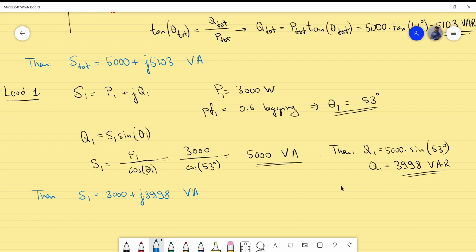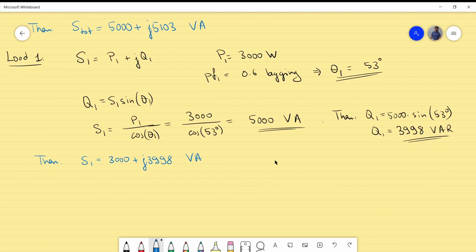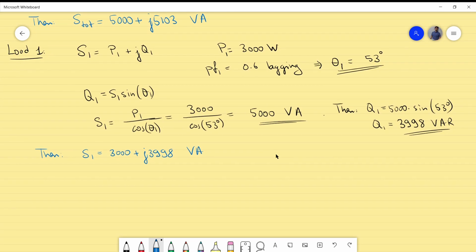So let's move to load 2. We know that S total, as we already wrote before, is S1 plus S2, and I can now calculate the value of S2. And why is the value of S2 important? Because from the value of S2 I can determine the power factor for the second load, load 2. So S2 is equal to S total minus S1.